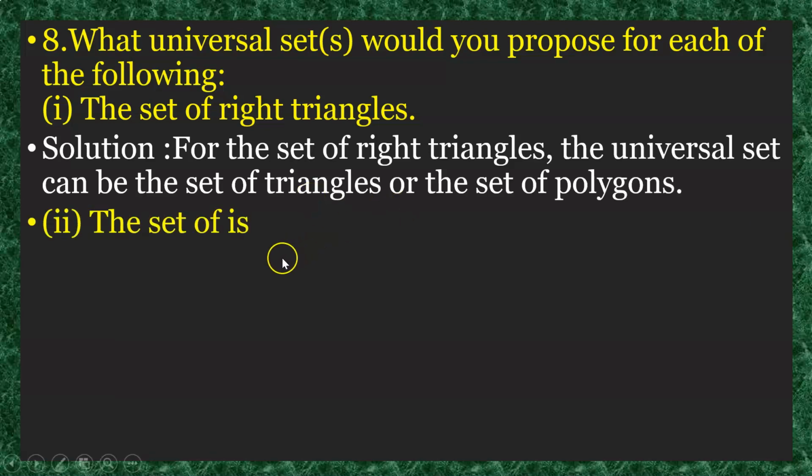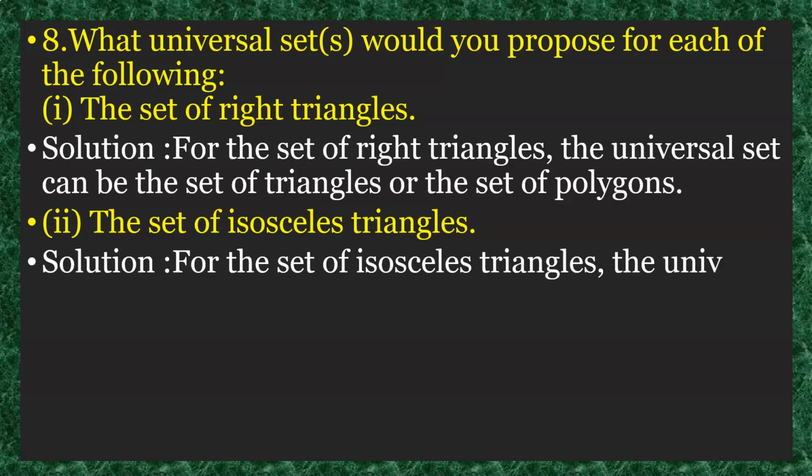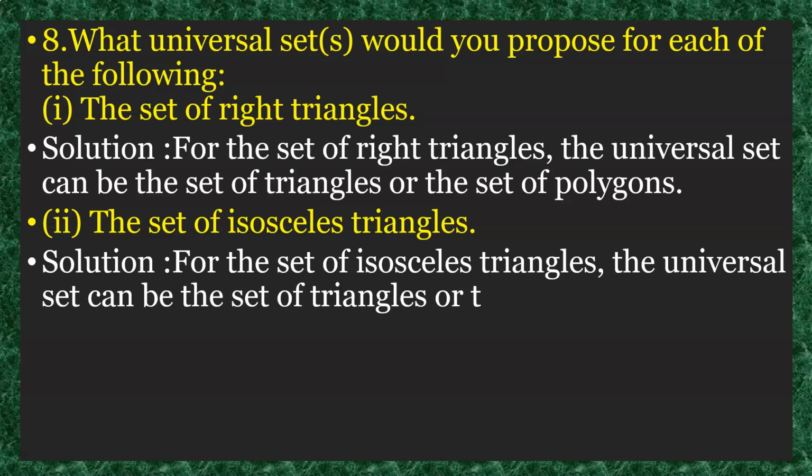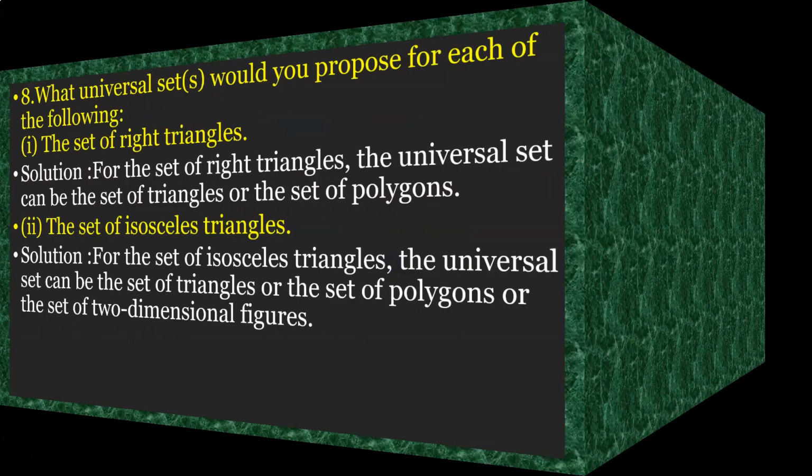Second, the set of isosceles triangles. Again here, for the set of isosceles triangles, the universal set can be the set of triangles or the set of polygons or the set of two-dimensional figures.